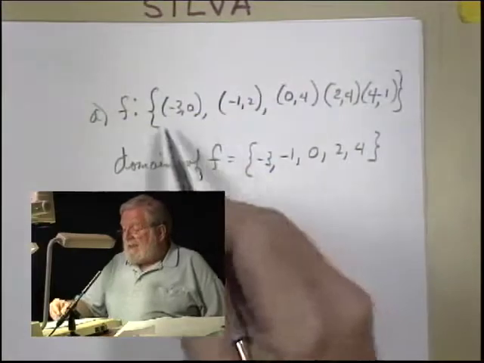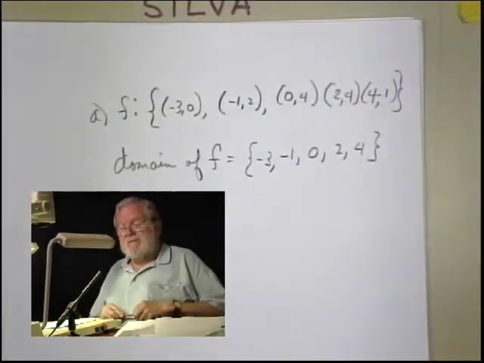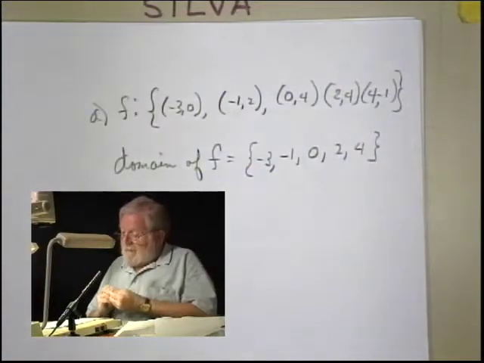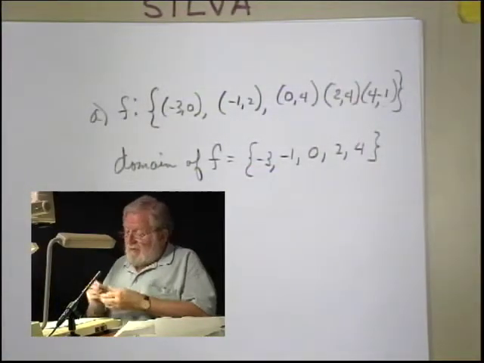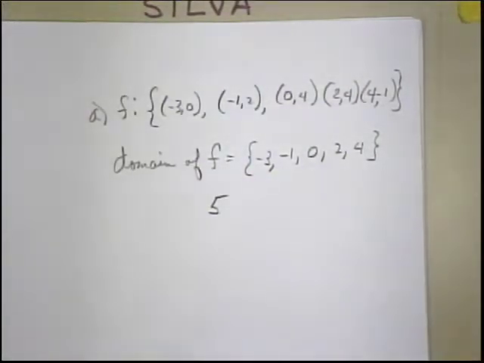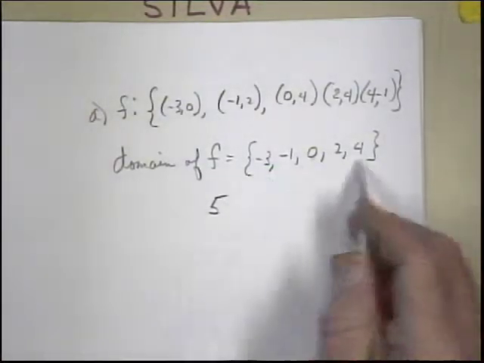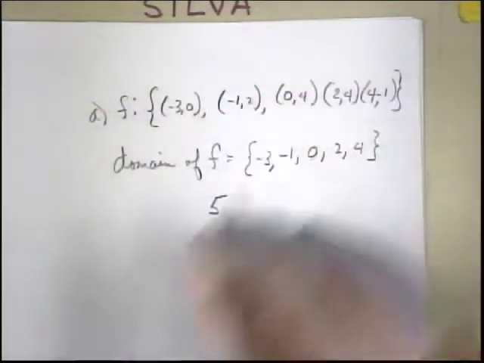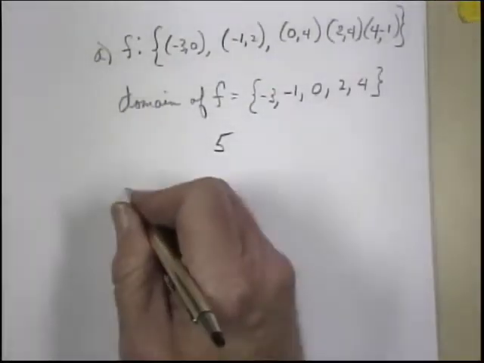It's all of the x values for this set of ordered pairs. This is a clearly defined set of numbers. So 5 is not part of the domain of this function. 13 is not part of the domain of this function. 0 is part of this domain. Okay? It's clearly defined.